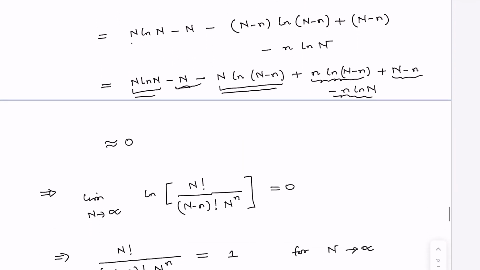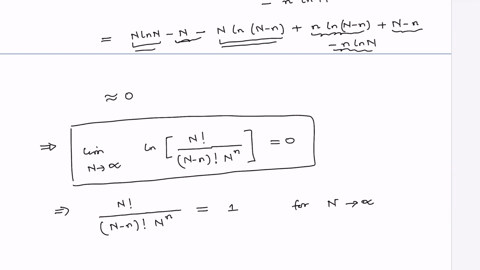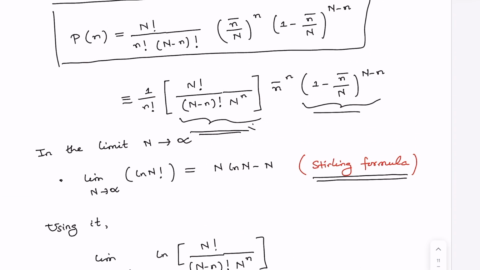So we get that in the limit N tends to infinity, this is what I get. Therefore, in the limit N tends to infinity, this particular term in the expression for the probability can be considered to be equal to 1.